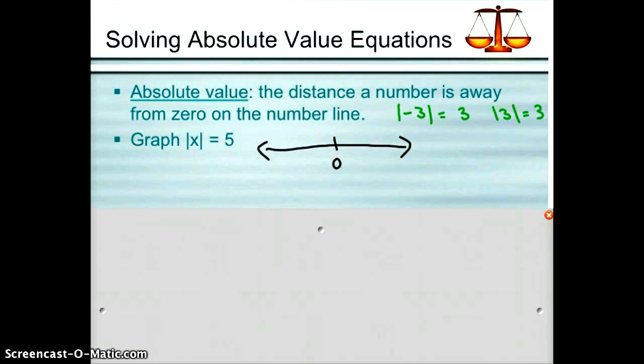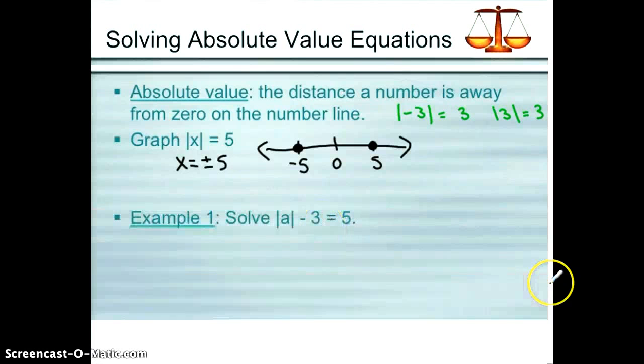So if you were being really accurate, you would say 5 is 5 spaces away from 0. -5 is also exactly 5 spaces away from 0. Since those are both true, we're going to give them closed dots. There's no other regions, so I'm not going to shade anything else, but -5 and 5 are both 5 spaces away from 0. So x could be 5 or -5 in this case. Both of those would have an absolute value of 5.